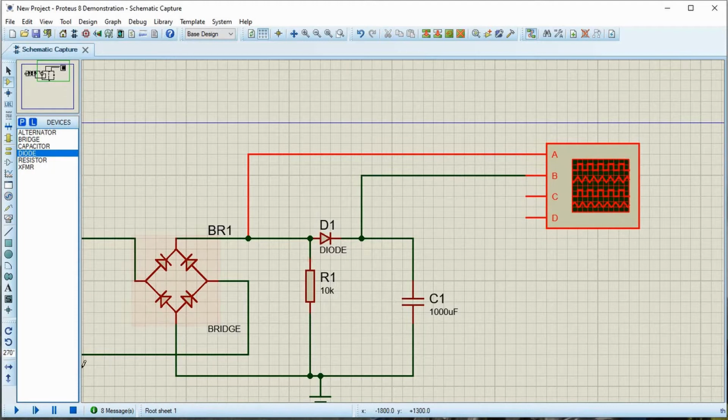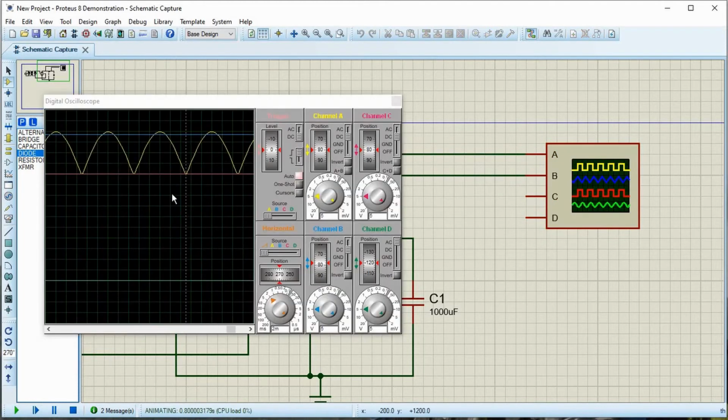Before the diode and one after the diode. Now you can see before the diode it is a full wave rectifier, and after the diode, because of the capacitor, you have a DC.